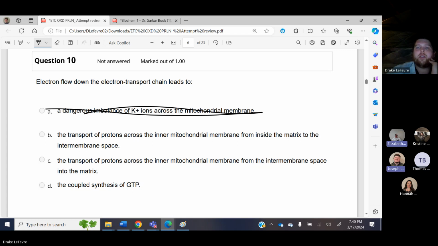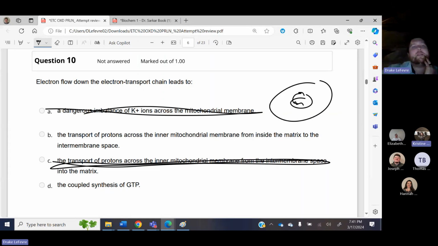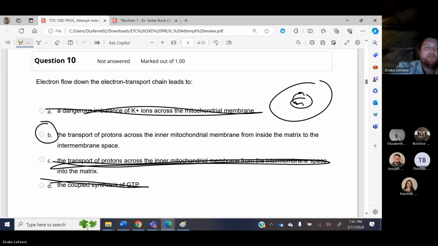Matrix to intermembrane space. Yeah, we go from the most inside, the matrix, to the intermembrane space. So it's not there. The coupled synthesis of GTP. Do we use our GTP at all in our electron flow and the electron transport chain? No. Process of elimination. Answer is B.